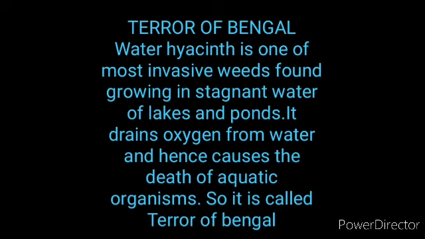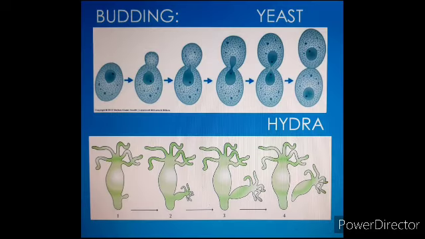Next, we discussed the different types of asexual reproduction. I am going to give some examples and you should tell me the type of reproduction in each. Okay. Hydra. Name the reproduction. Don't tell me asexual reproduction.